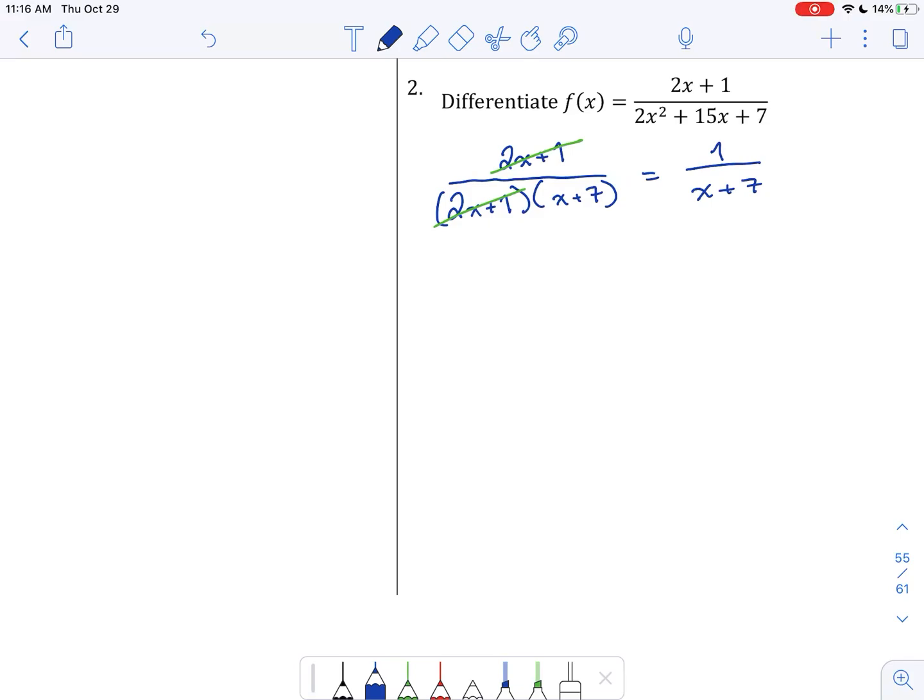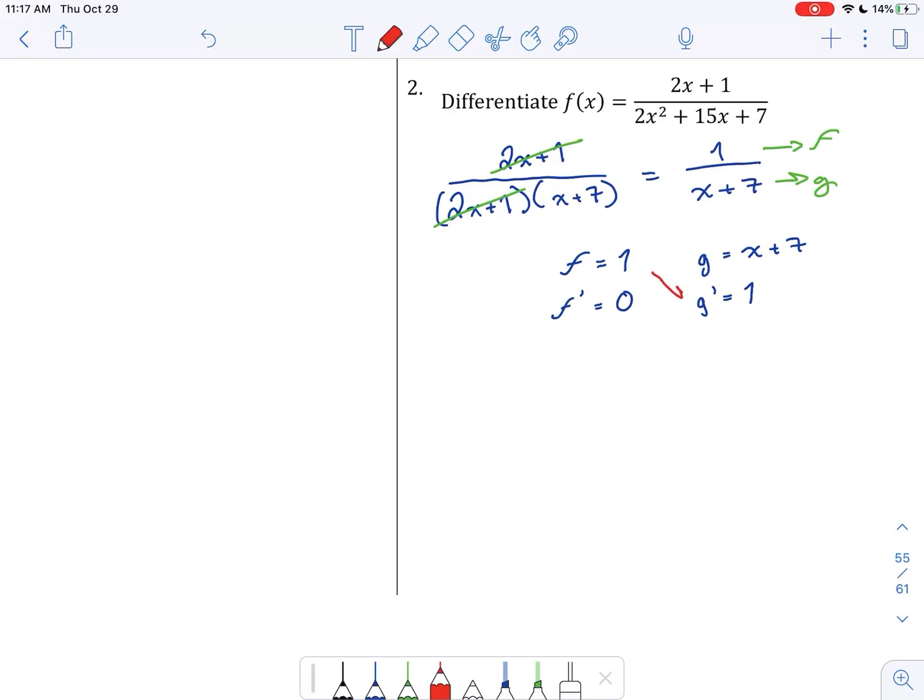Now it's still a fraction. We're still going to use the quotient rule, but now our f is a constant and our g is much more simplified. So we end up with f is equal to 1, so then f prime, since that's a constant, is 0. g is equal to x plus 7, so g prime is equal to 1 plus 0 for the 7, which is just 1.